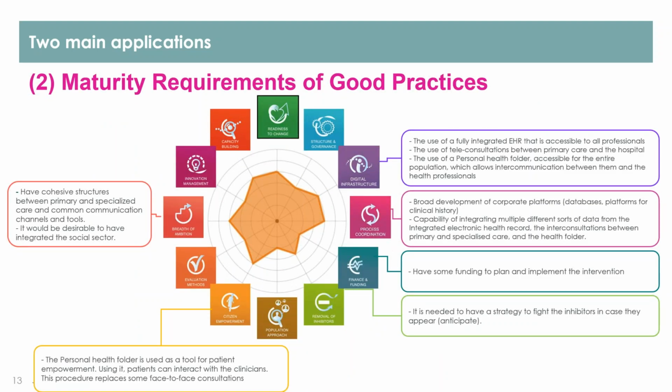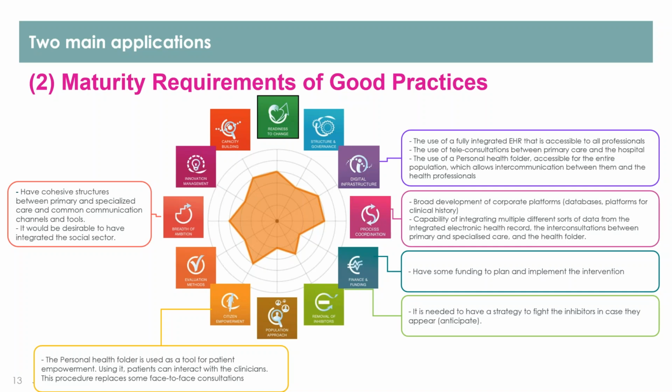And the second one, to assess the maturity requirements of good practices, meaning that it is the maturity required in each of the dimensions, not necessarily the maturity existing in the context where the practice has been implemented.